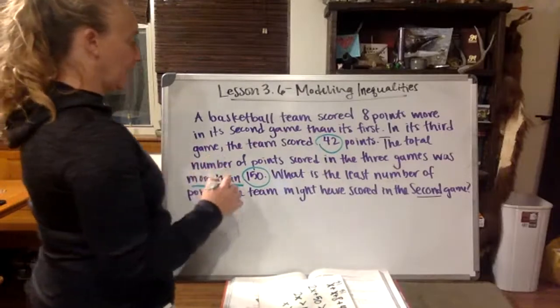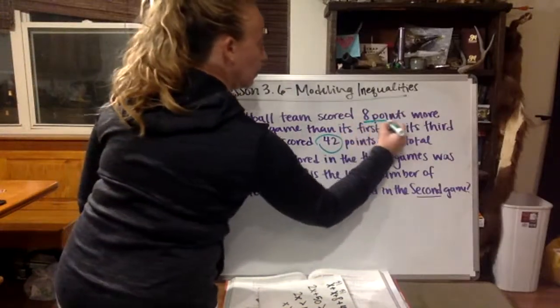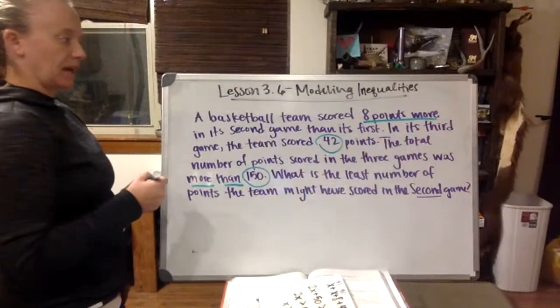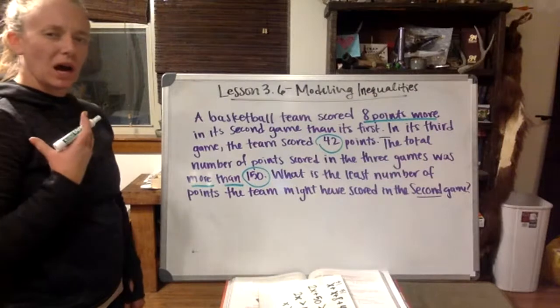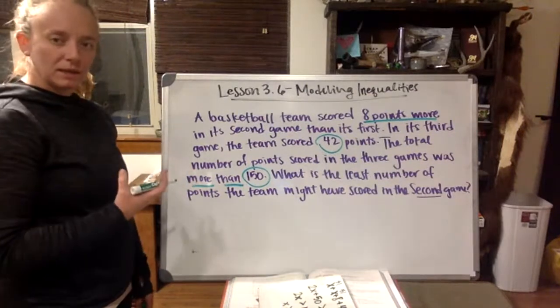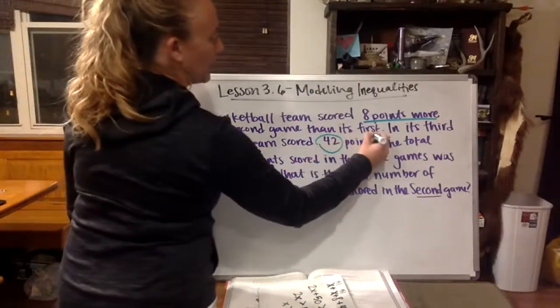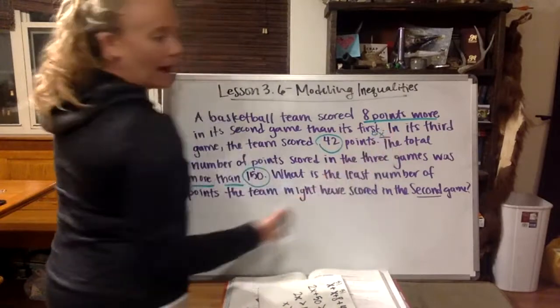The second game is 8 points more than the first game. So I don't actually know how much the first game is in terms of points. So that means that's my variable. So my variable is the first game, and I'm going to say that's x.